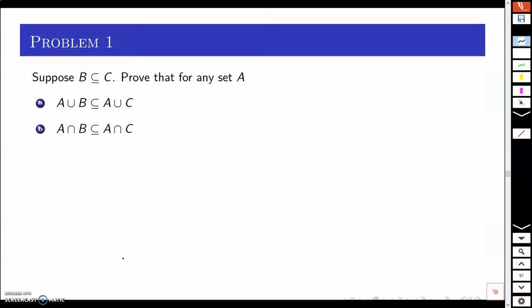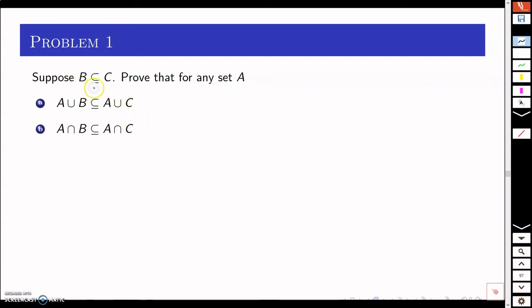Okay, now look at this one. This says, supposing I have two sets B and C such that B is a subset of C, then I have to prove that for any set A, I can take the union of A on both sides, and that will give me A union B is a subset of A union C. So I can take the union of any set here.